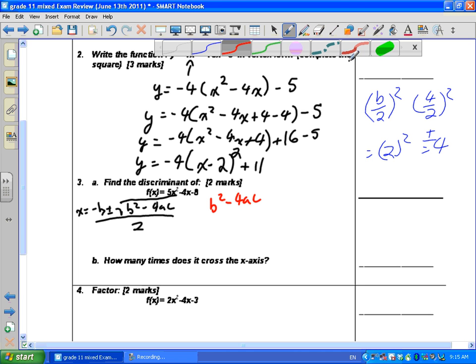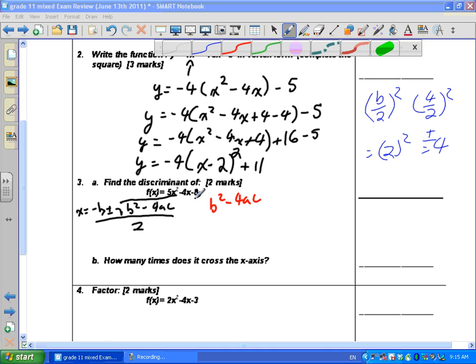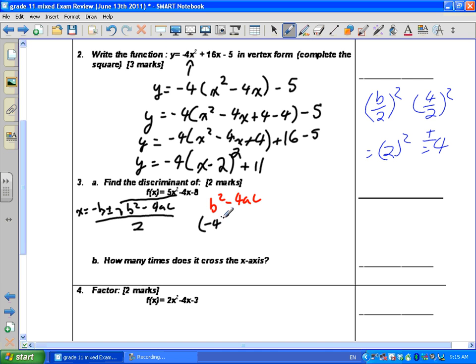So, let's plug in some numbers. If b is negative 4, so I have negative 4 squared minus 4. A is 5, and c is negative 8. Negative 4 squared is 16. 4 times 5 is 20.